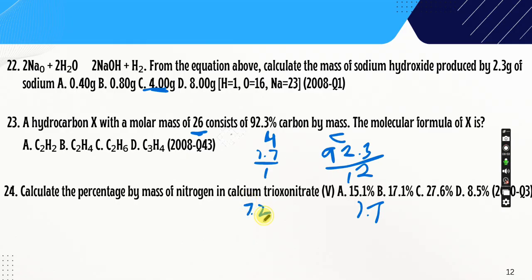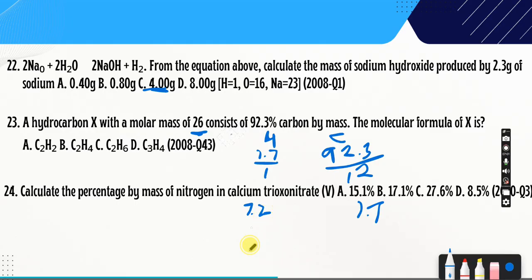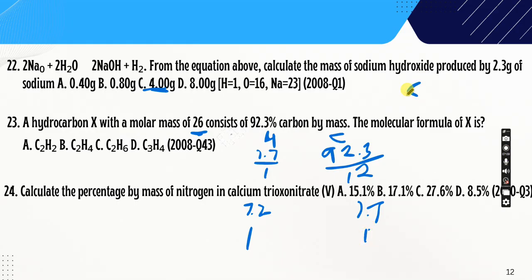By the time we divide by the smallest, we are going to have the ratio to be 1:1, right? So the empirical formula is CH. The empirical mass will be 12 plus 1, 13.